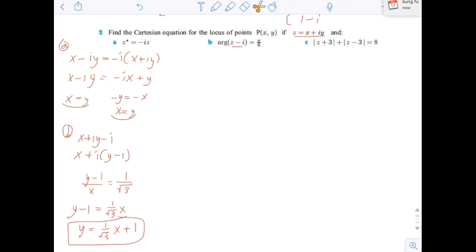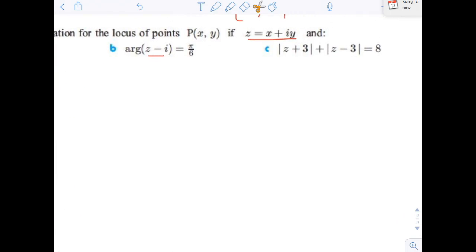So after a while, I checked the book, and the book said, do not substitute in x plus iy for z. The only other thing we could do is try to expand it using the other definition of modulus, which is that it's the complex number times its conjugate, right? So let's try to do that.